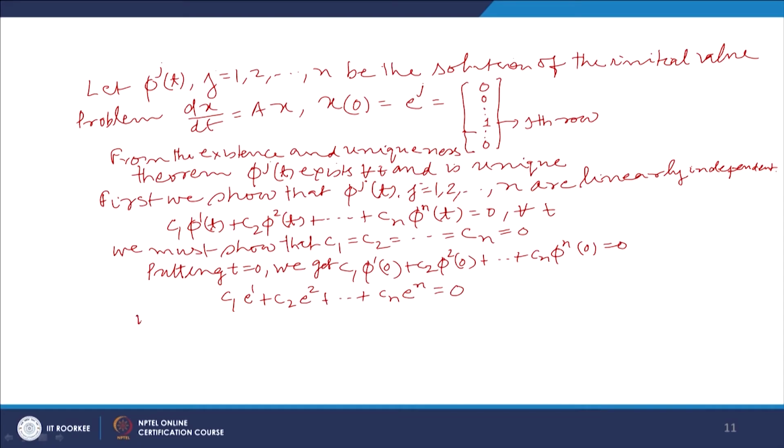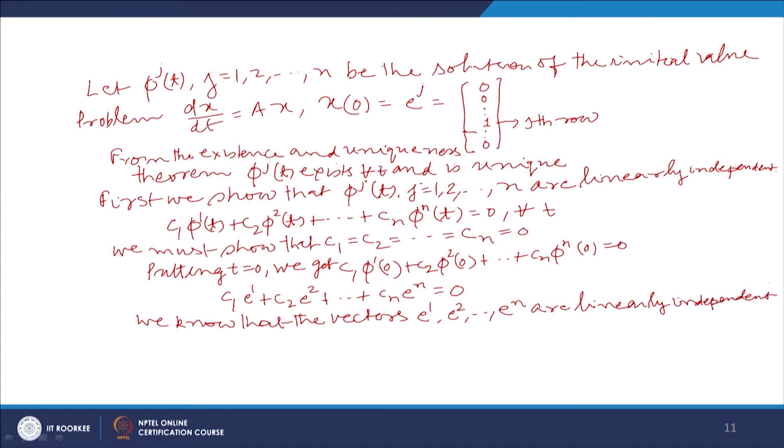Now we know that the vectors E1, E2 and so on En are linearly independent vectors in Rn.